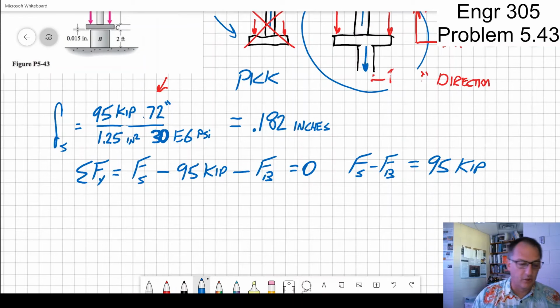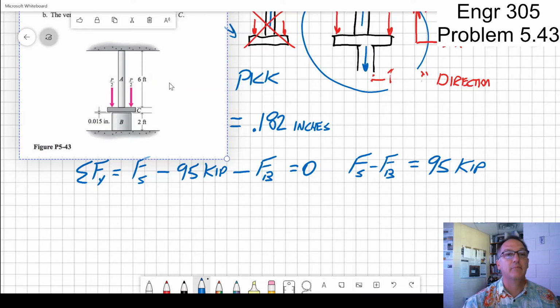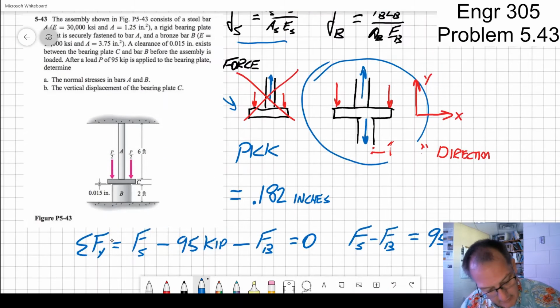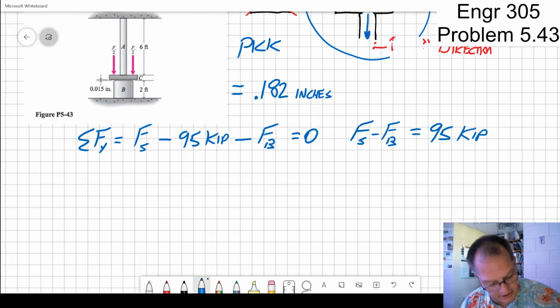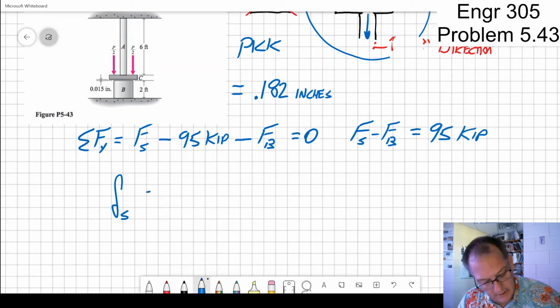Okay, I need one more equation, right? And that one more equation is now related to the deflections. It's related to what I've been calling the kinematics of the situation. How does that move? Well, here's the equation that I'm going to propose. The deflection of the steel is equal to the deflection of the bronze.